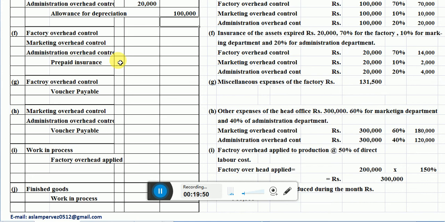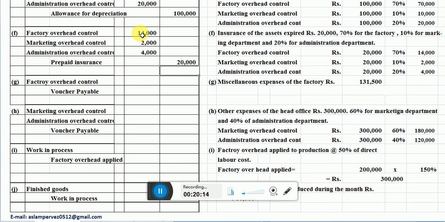Now we will charge 14,000 rupees as the factory overhead control, 2,000 rupees against the marketing overhead control and 4,000 rupees against the admin overhead control here. The sum up is prepaid insurance, 20,000 rupees.